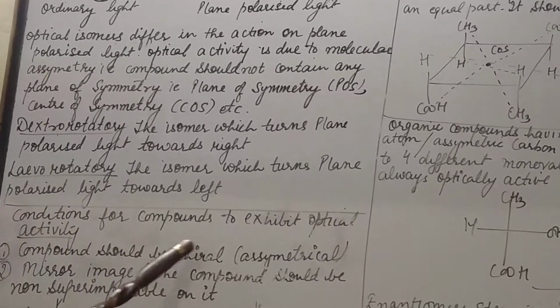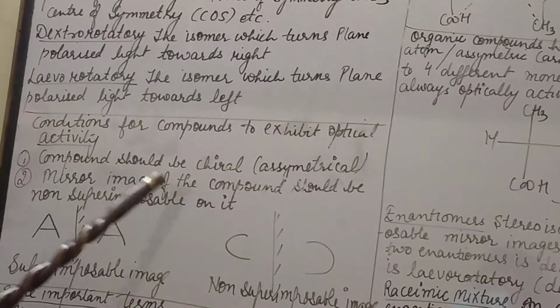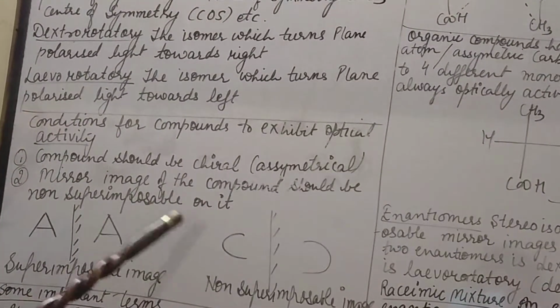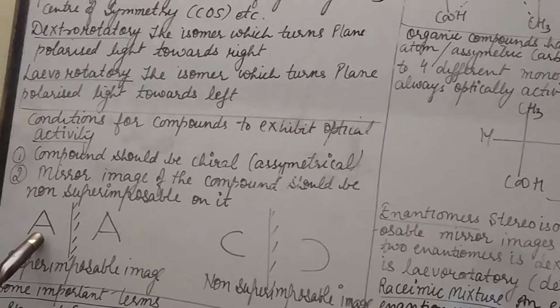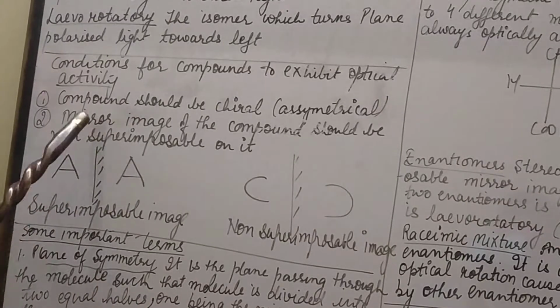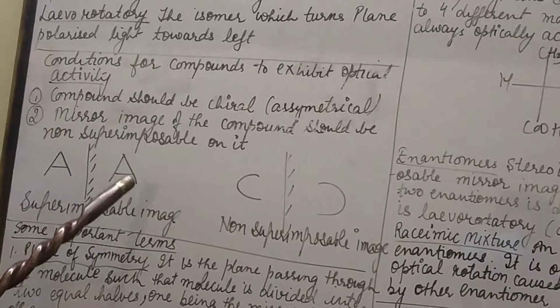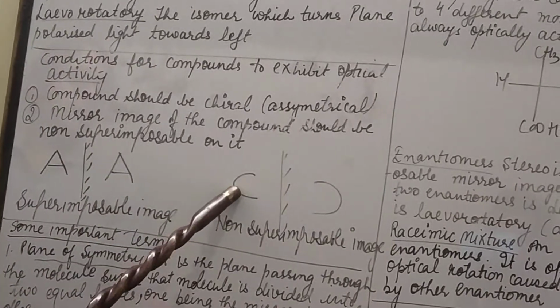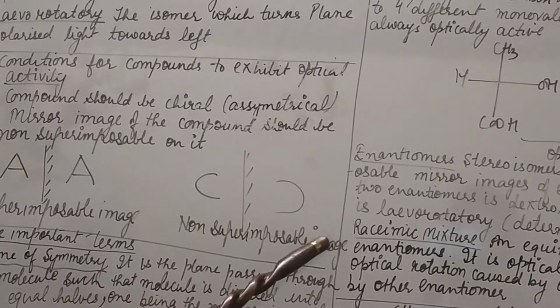The compound should be chiral, that is, it should be asymmetrical, and the mirror image of the compound should be non-superimposable. Non-superimposable means, as if we see the alphabet A, this is the mirror image, this is the mirror. We can see that this mirror image is superimposable, while this C, if I keep this C on its mirror image, it is non-superimposable.